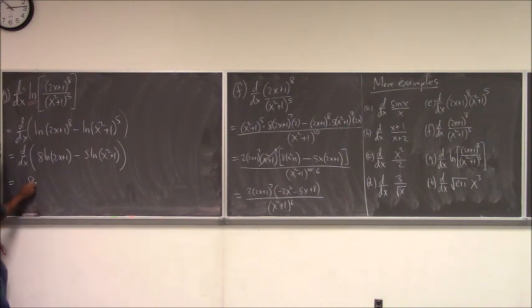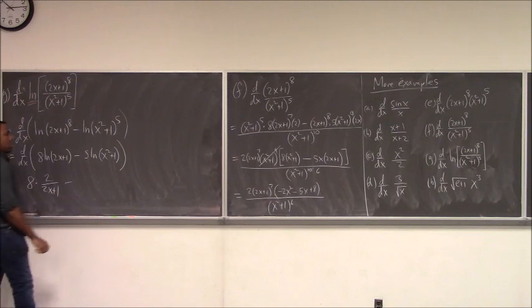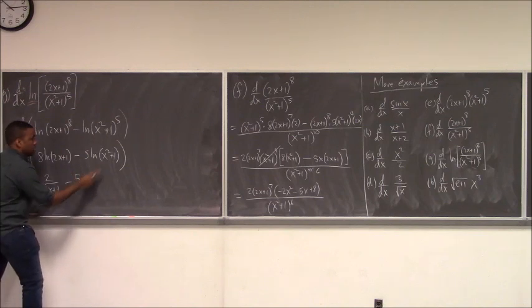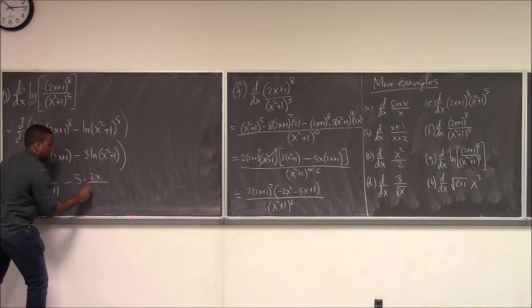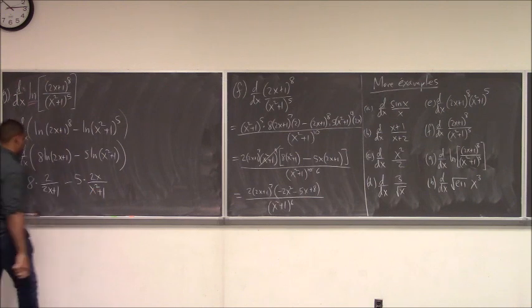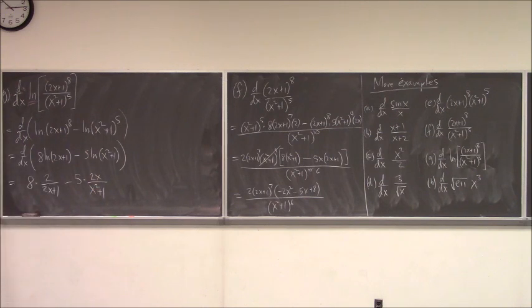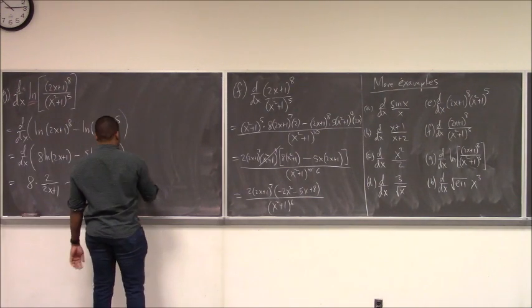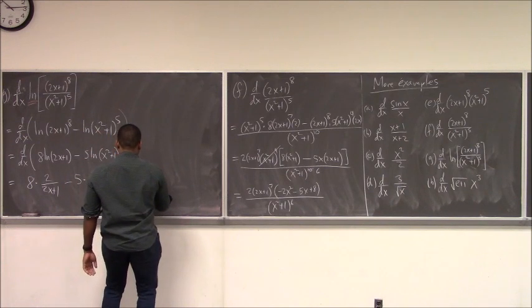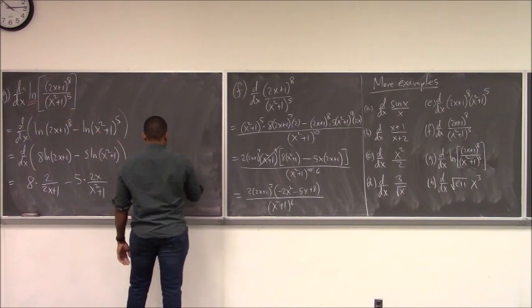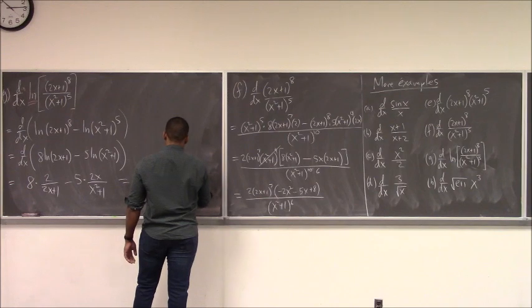That's 8 times the derivative of this over that minus 5 times the derivative of this over that. You can rewrite this as 16 over 2x plus 1 minus 10x over x squared plus 1.